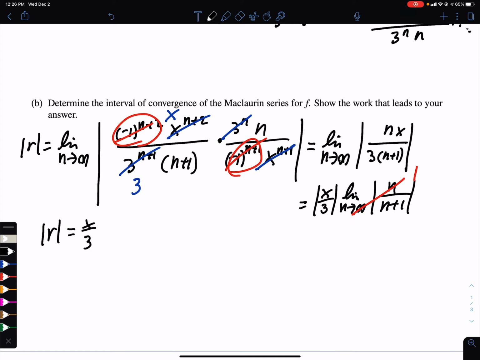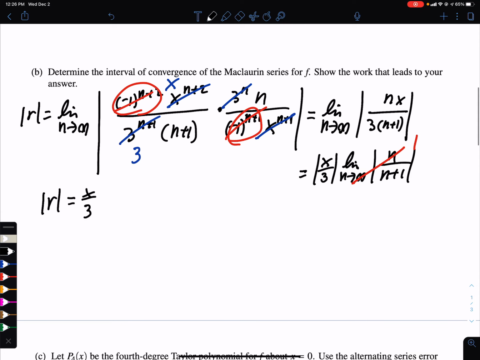Now, we know for the ratio test, this function converges when the absolute value of x over 3 is less than 1. So I'm going to multiply both sides by 3.